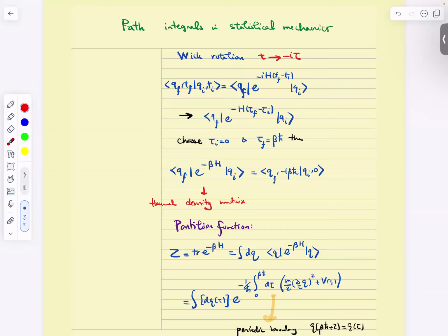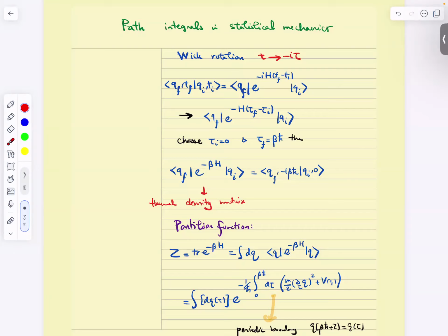So under this transformation, what happens to our propagator? So we had the amplitude from (u_i, t_i) to (u_f, t_f), e to minus iH (t_f minus t_i).